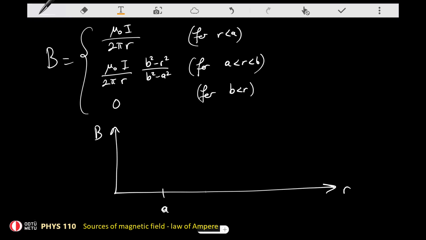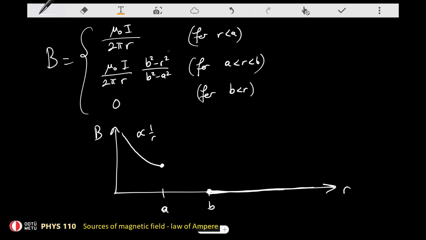So let me first choose these special lengths in here. Within this insulating layer, the magnetic field is proportional to 1 over r. Outside it is equal to 0. And within the conductor it starts from this value and ends up in there.